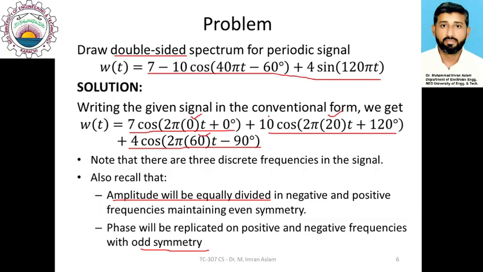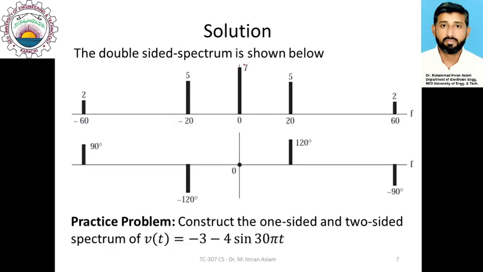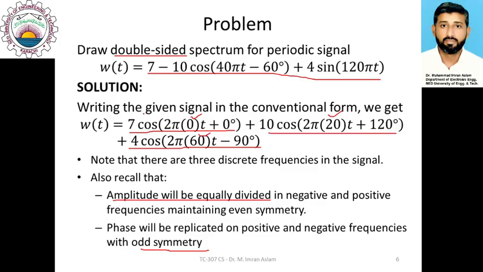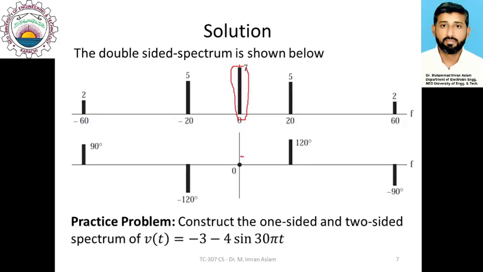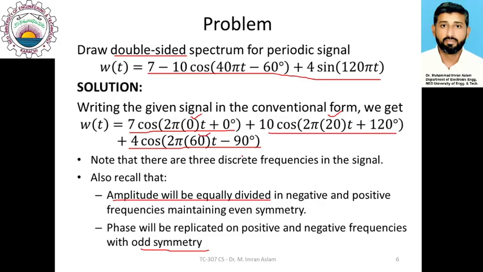If you try to plot the spectrum, it would look somewhat like this. The zero frequency has a constant amplitude, which is 7. Of course, 0 does not have any concept of positive and negative, so the entire value 7 appears at 0, and the phase angle corresponding to 0 is 0, so it appears here.